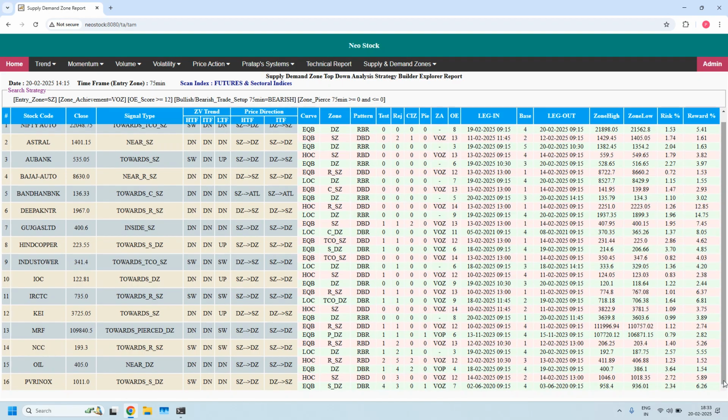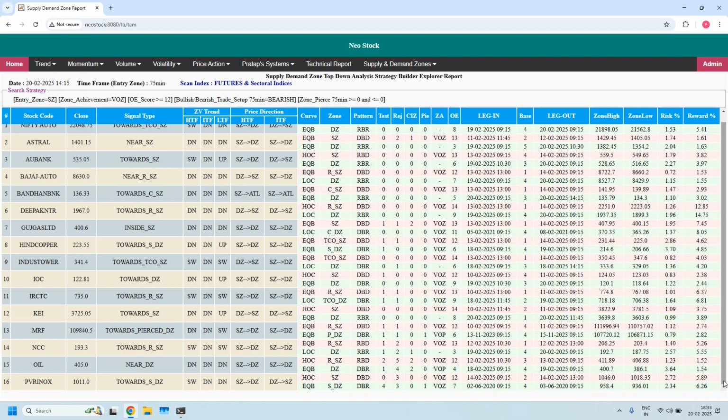Out of the 16 stocks, some zones could be even having more high probability to get the success. We need to find them. So first filter is LTF and ITF supply zone confluence.